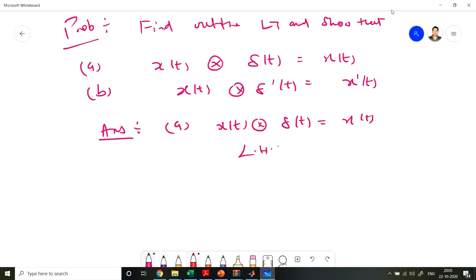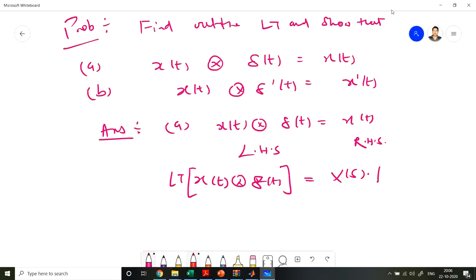So this is the left hand side and this is the right hand side. Let us solve this left hand side first. Let us take the Laplace transform of the left hand side, that is xt convolution with del t, and it is equal to xs multiplied by the Laplace transform of del t, which is 1, because convolution in the time domain is equal to multiplication in the s domain.